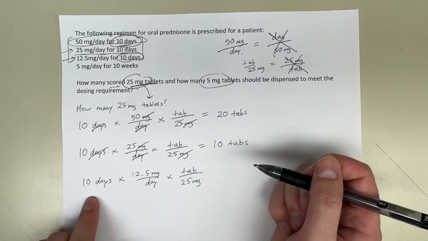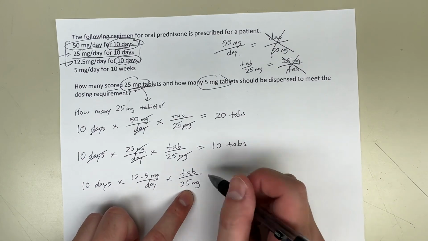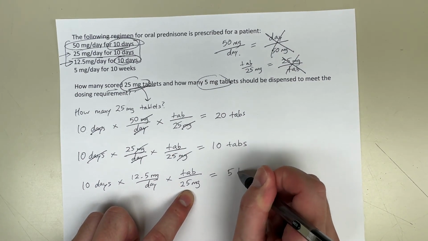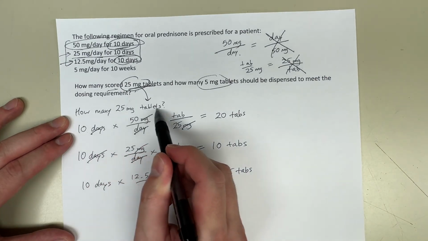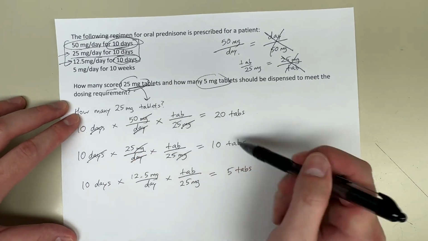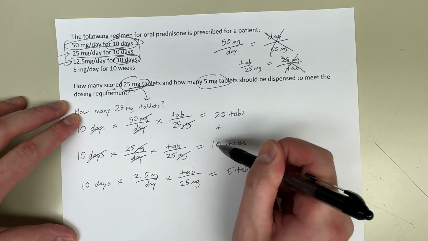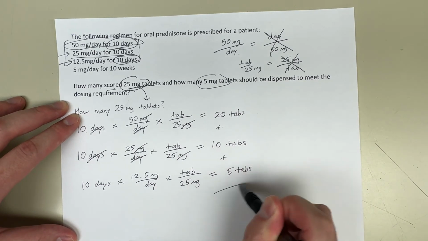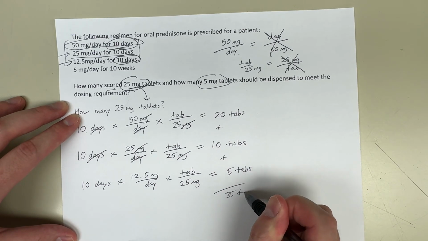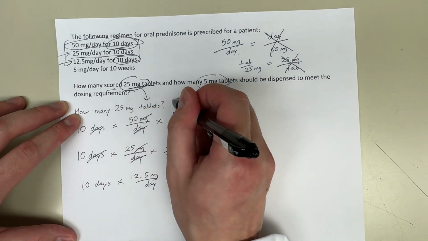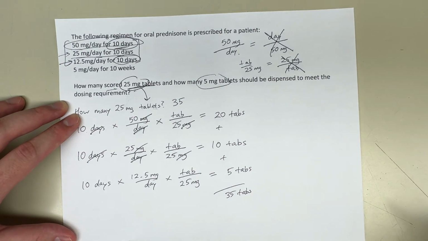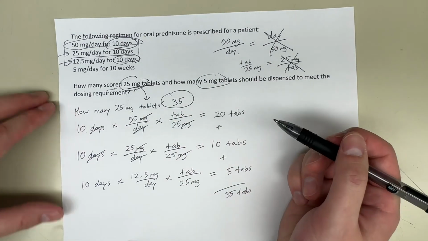When I solve for that, 10 times 12.5 divided by 25, that equals 5 tablets. The question says how many 25 milligram tablets, so I just add all these 3 together: 20 plus 10 plus 5 equals 35 tablets. I need 35. That's my final answer for this one.